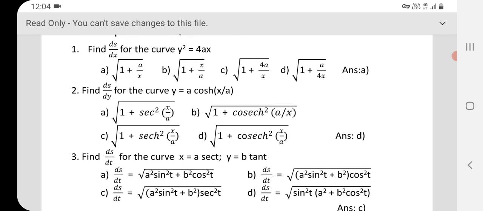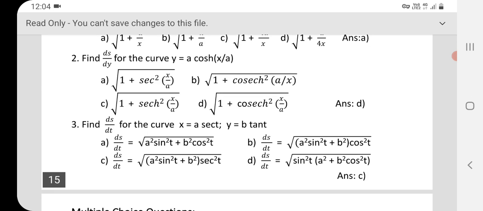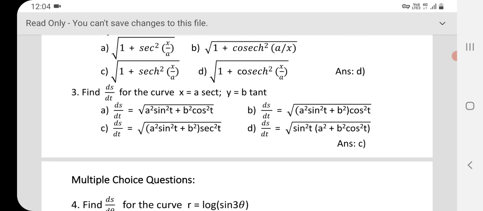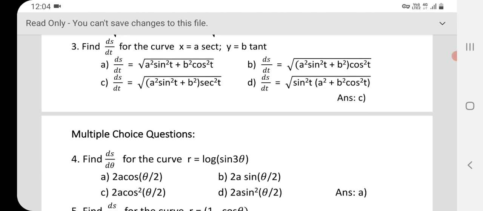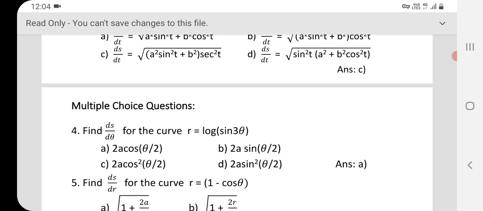For the solution to this question, option D. Next, find ds by dt for the curve x equals a sec t, y equals b tan t. For this, option C.